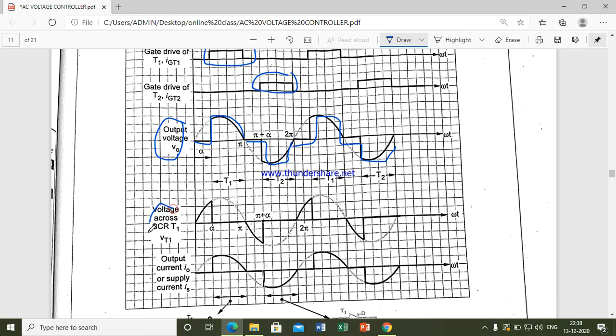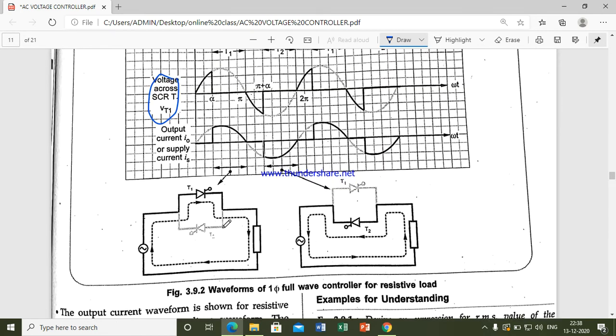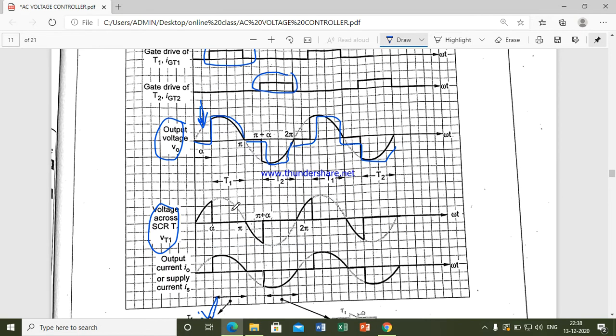Next you can look at the voltage across the SCR. Why will you get voltage? Here you can observe that there are two SCRs. Consider SCR T1: whether it is on for the cycle or off for the cycle, you should observe this.